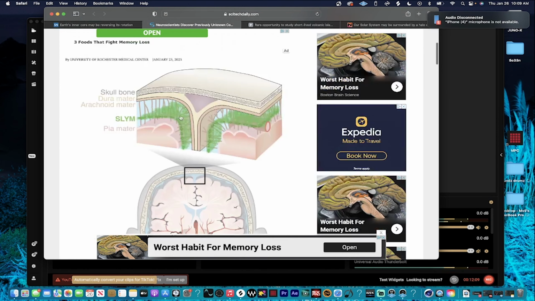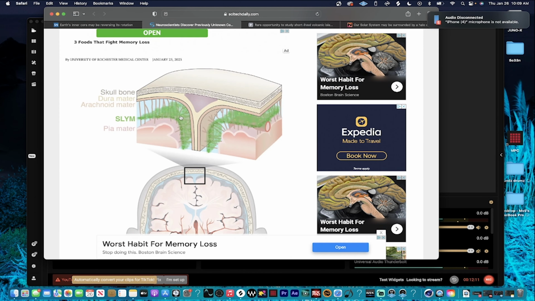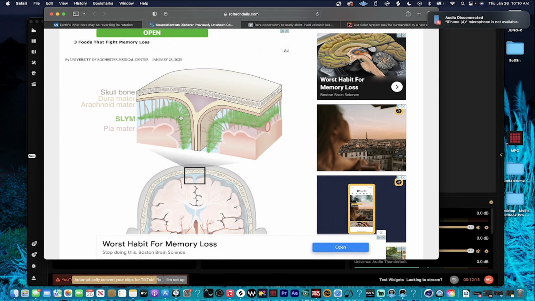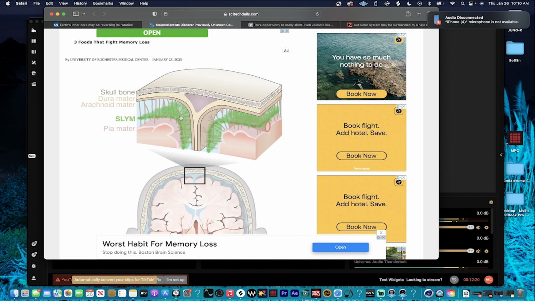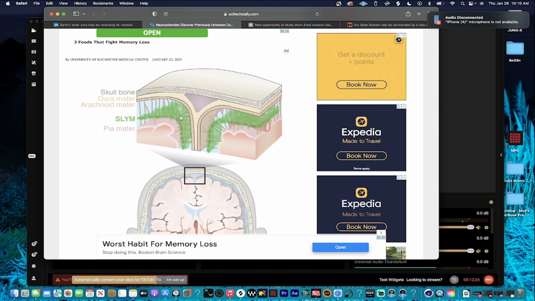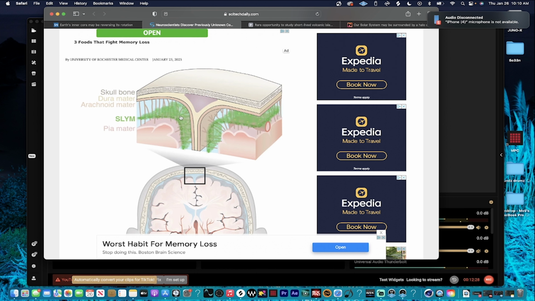Lymph in your brain obviously is important in this circumstance when it has to do with cerebrospinal fluid. A few things I'm gonna tell you about cerebrospinal fluid: it flows around your brain, right? It's created by, I think it's called the choroid plexus, and it's located in the third and fourth ventricle.